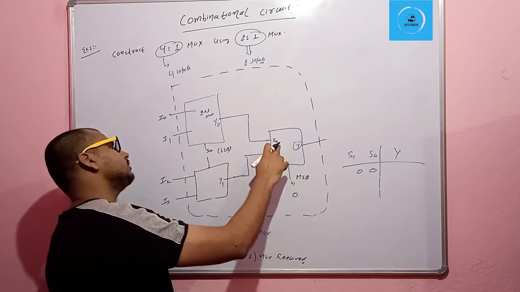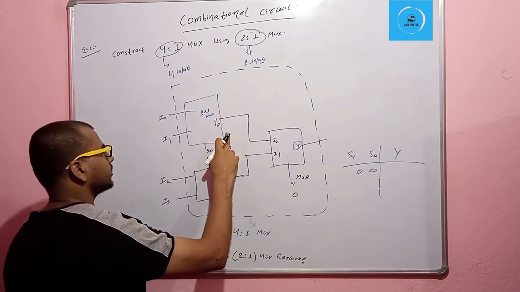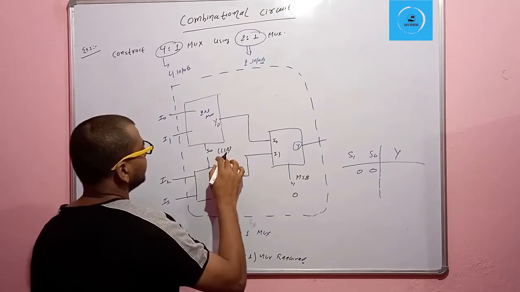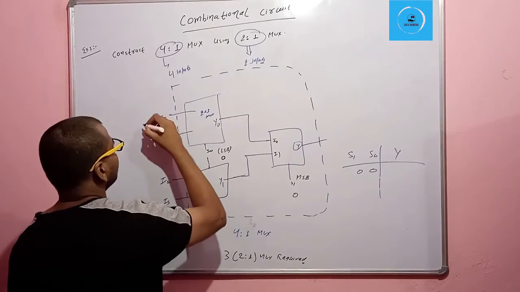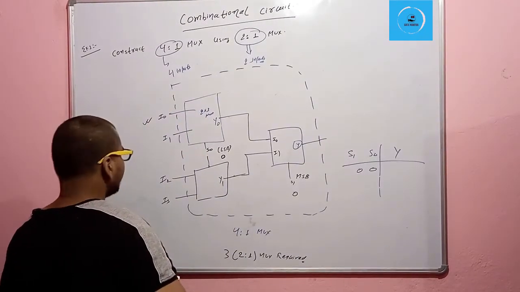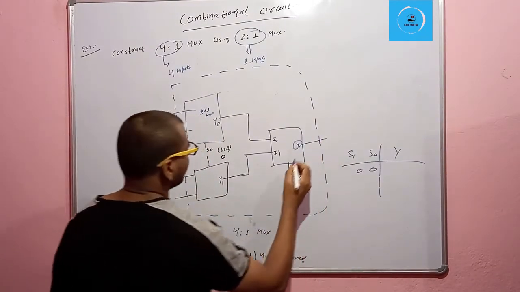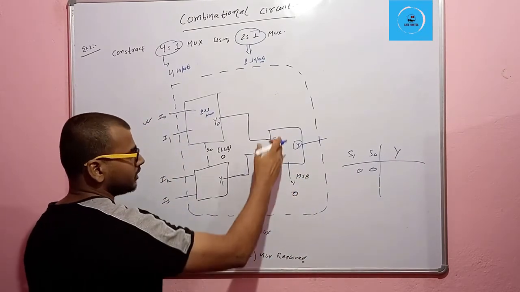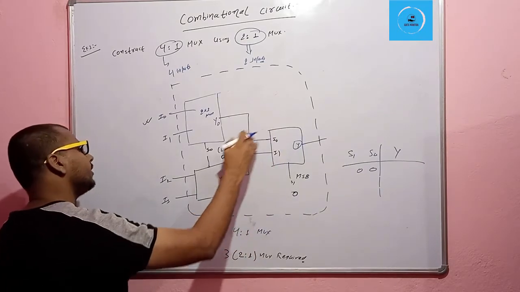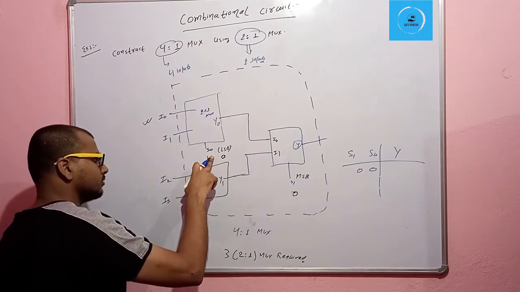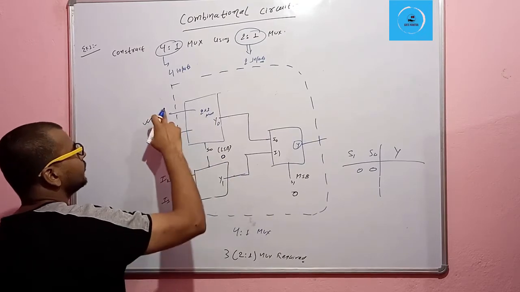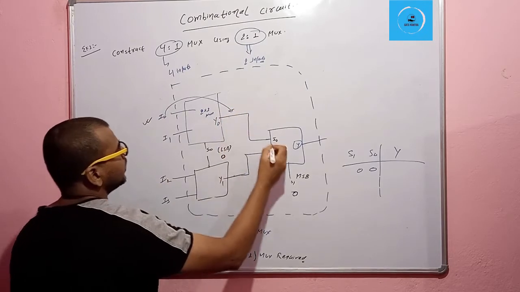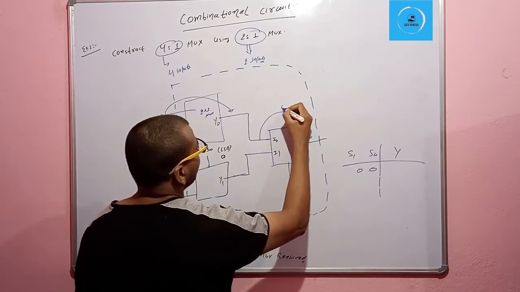The input I0 is the output of our upper mux, and when S0 is 0, it will select I0. So the input presented here will be reflected to the output, because when S1 is 0 it selects the first input, and when S0 is 0 it also selects the first input. So this input I0 will be present here, and this I0 will be present here, for 0, 0.